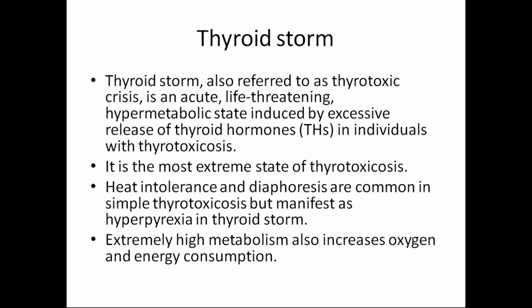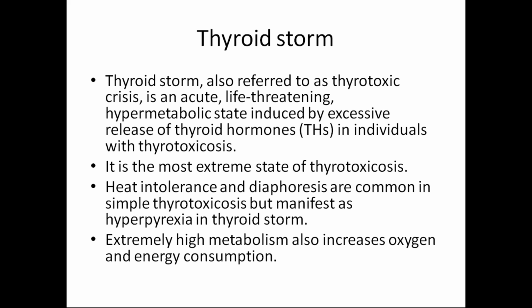Suppose there is a surge of thyroid hormones in the body due to any cause, we'll discuss. It is life threatening, and the body, already in overdrive, goes haywire. Everything goes haywire, and there is a hypermetabolic state, and it is the most extreme state of thyrotoxicosis.